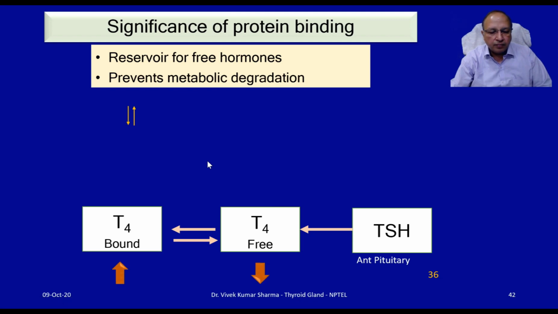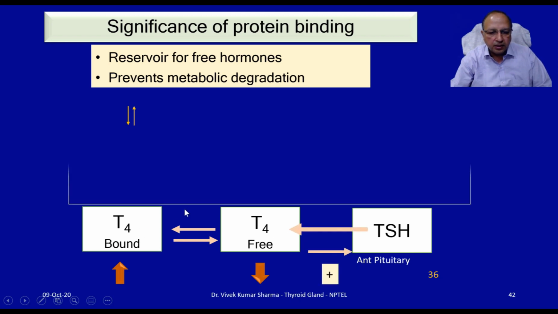So the free T4 will be decreased whenever there is an increase in the T4 bound form, for example in pregnancy and in many conditions. There is a transient decrease in the T4 or the T3 forms. Then, to maintain this T4, the thyroid stimulating hormone secreted by the anterior pituitary will further stimulate the synthesis and secretion of more hormones.